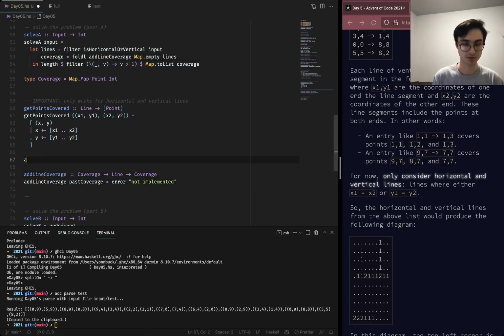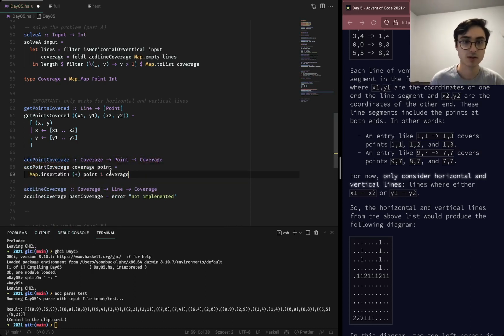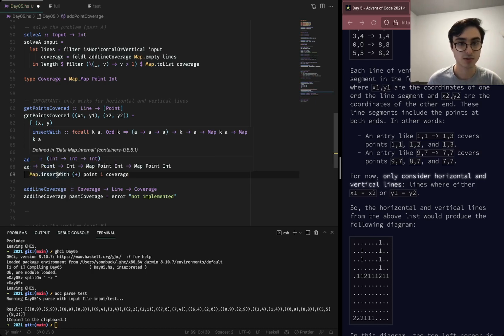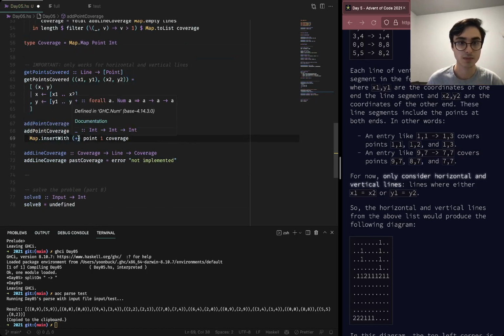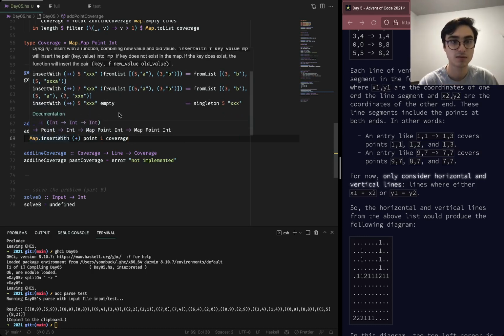And we want an add point coverage that takes a coverage and a point and gives us a coverage. What does this do? Insert with plus 1 coverage. So it takes a value.